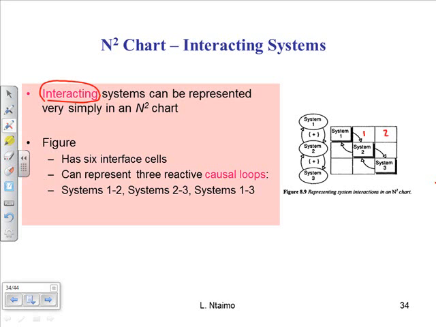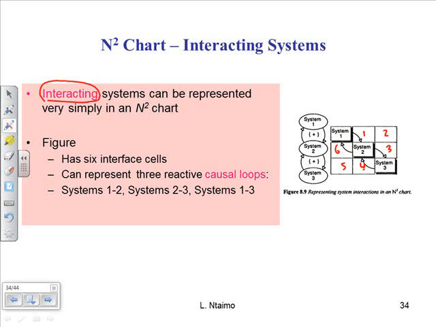So 1, 2, 3, 4, 5, 6. Those can be used for interfacing these systems. But we only see that system 1 and 2 are connected. They have an interface, 1 and 6. And then we have an interface between 2 and 3.